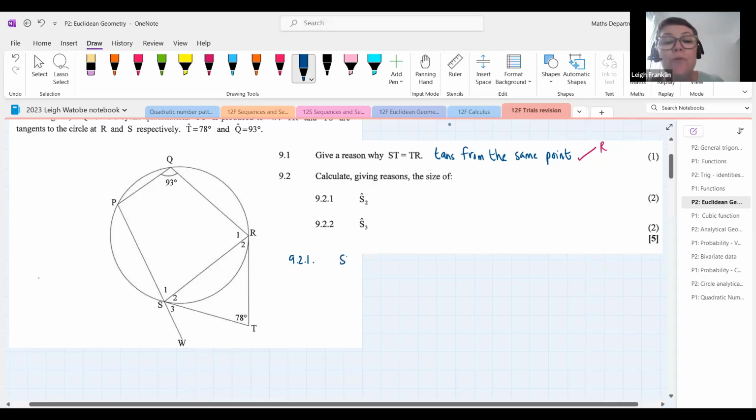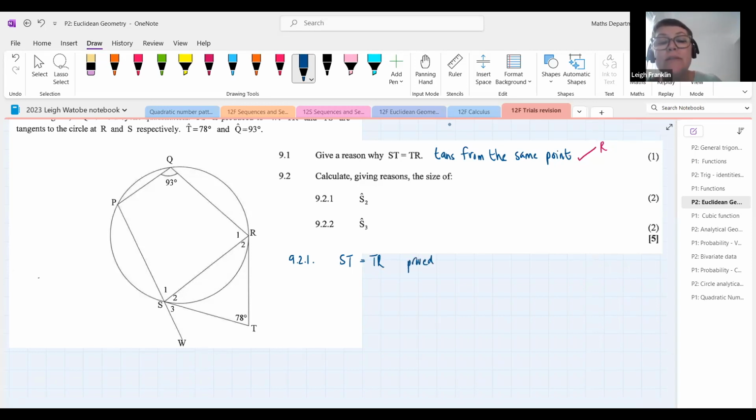So what we could do here is say ST equals TR, and I could write the reason out again, or if I want to, I can say proved in 9.1. The deduction from that, as Sagwadi was saying, is that R2 equals S2.